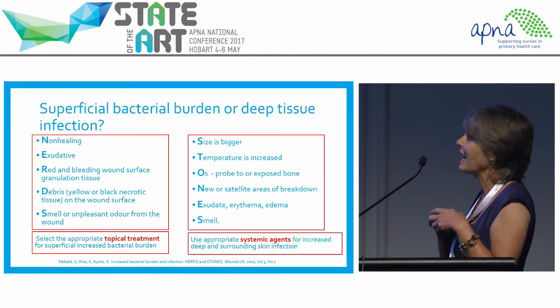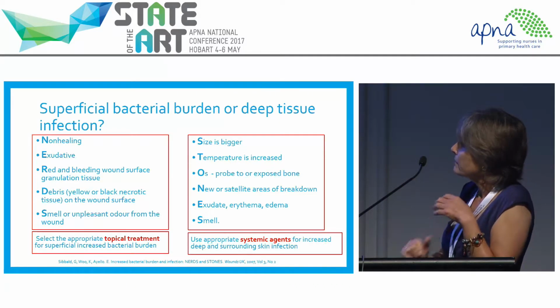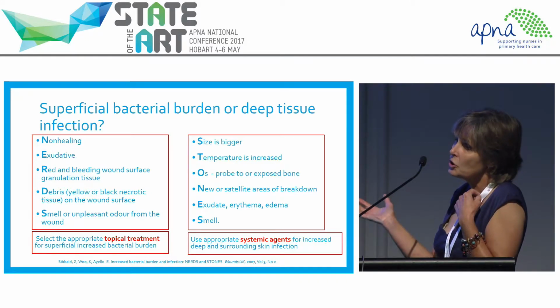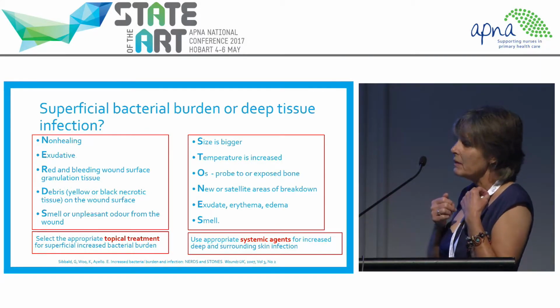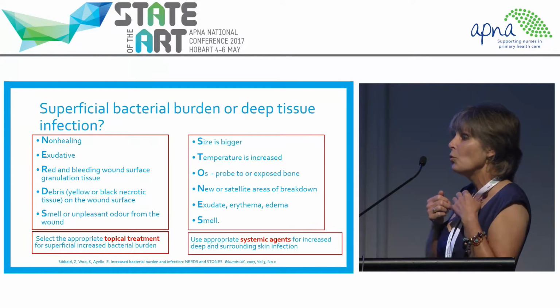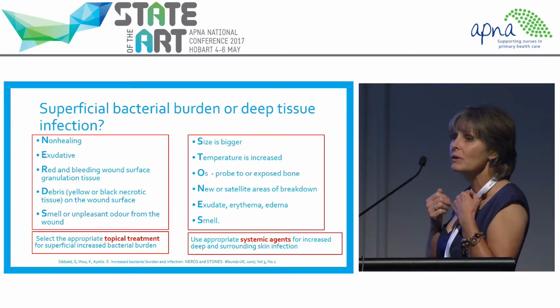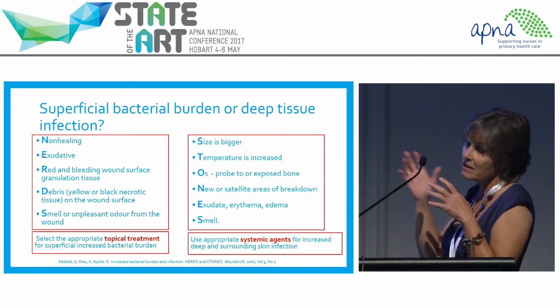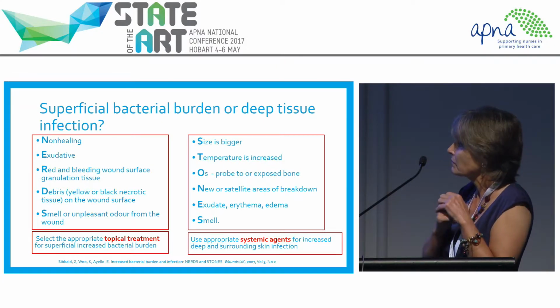So the two work in harmony together. It's also a really good tool for talking to prescribers that may want to prescribe antibiotics when you think antibiotics aren't necessarily indicated. It's something you can use.